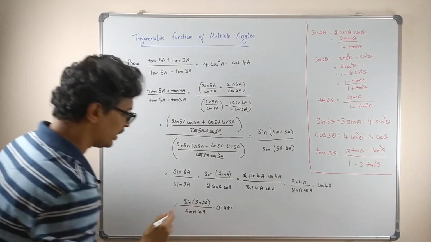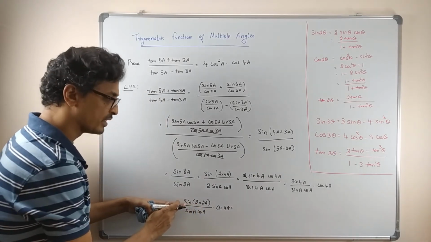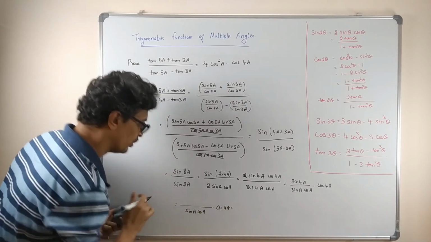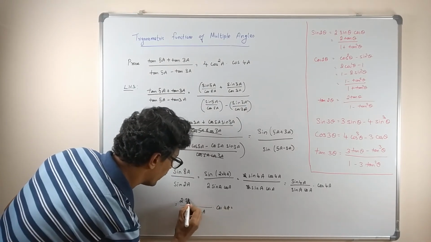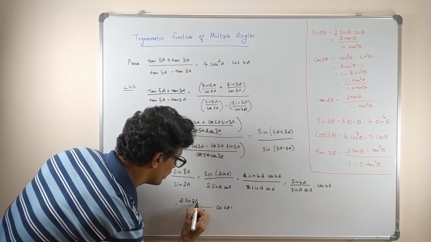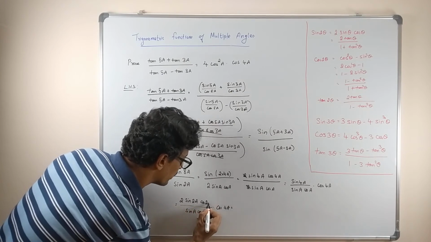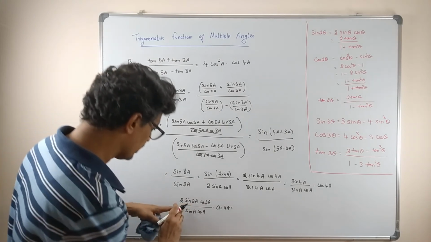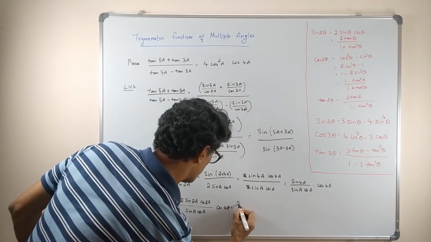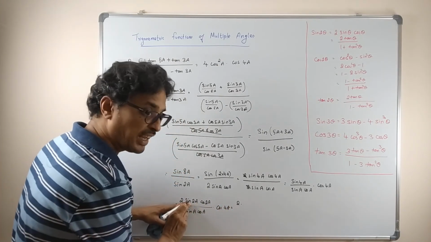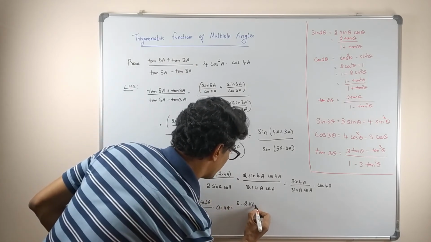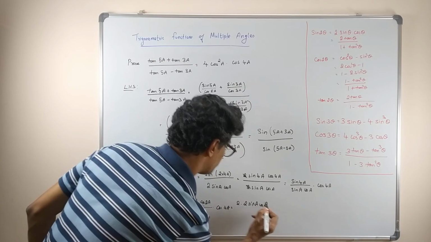So this will be what? 2 sine 2a cos 2a. Correct? So this will be 2 times sine 2a cos 2a. Okay? So this is going to be again, sine 2a will be what? 2 times 2 sine a cos a.